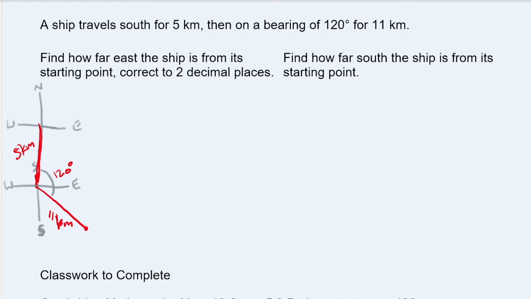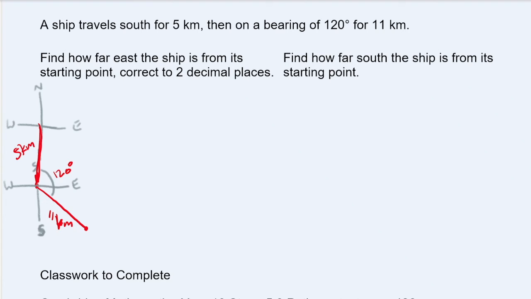So hopefully you're following along with this drawing. We've travelled south 5 kilometers. We've now gone 11 kilometers in a southeast direction, 120 degrees. We want to know how far east that ship is from its original starting point.